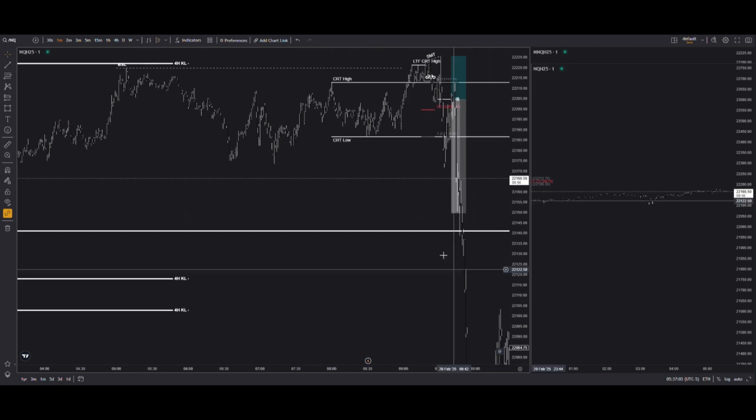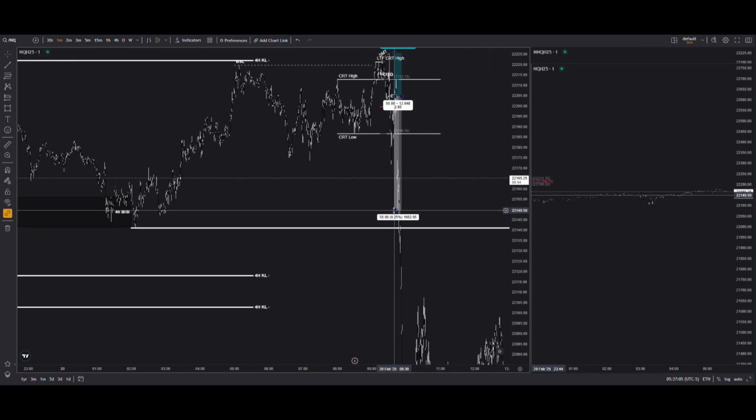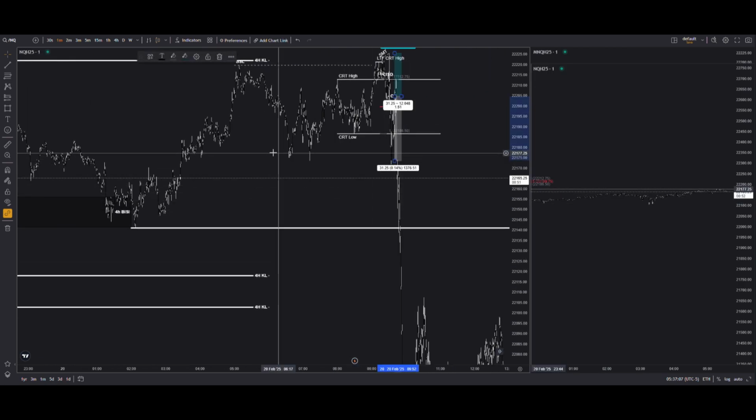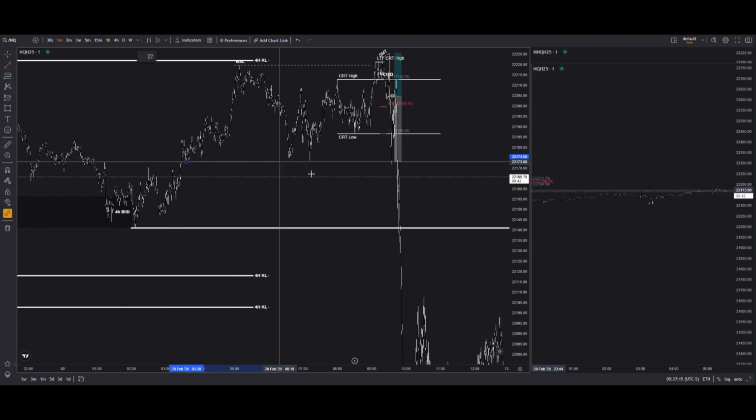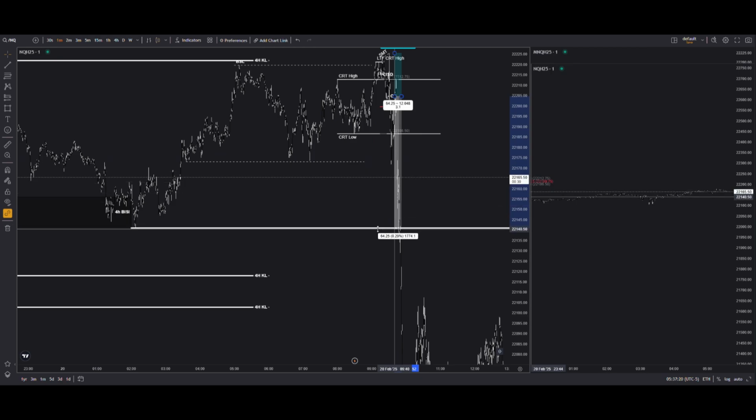Targeting your draw on liquidity, which you can either target these lows here, right? These lows, or the 4-hour swing low.